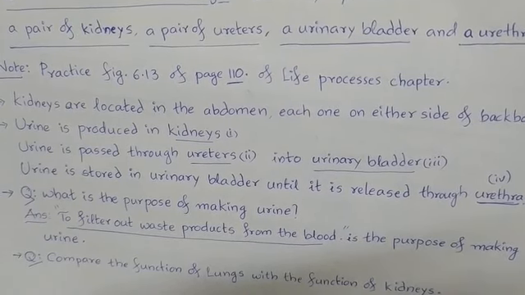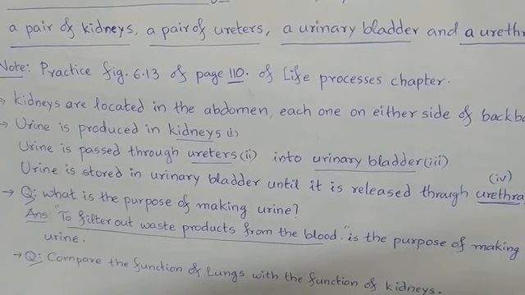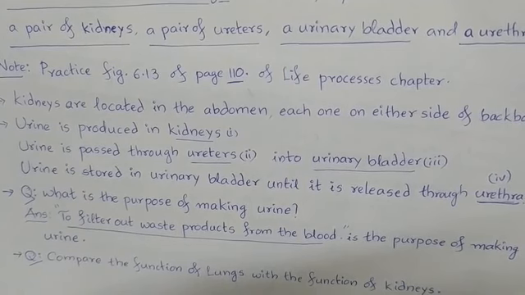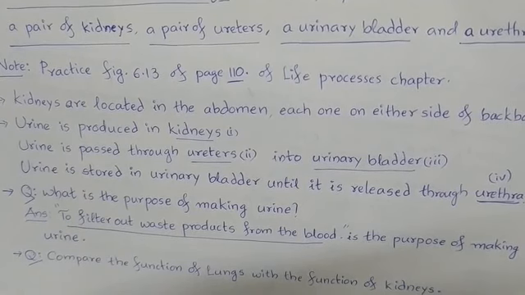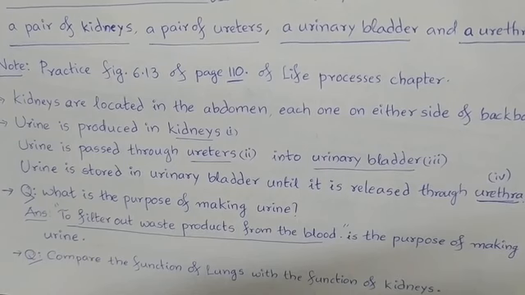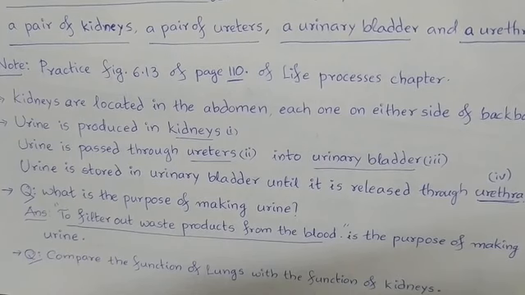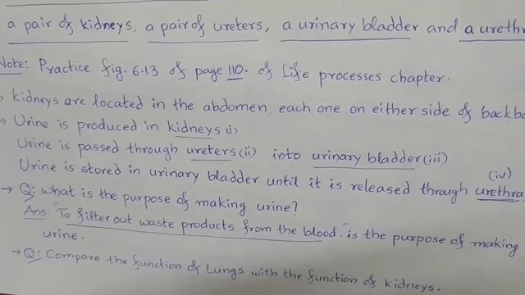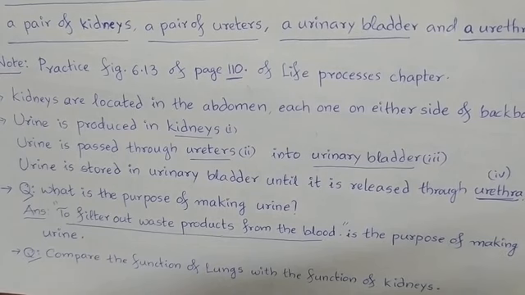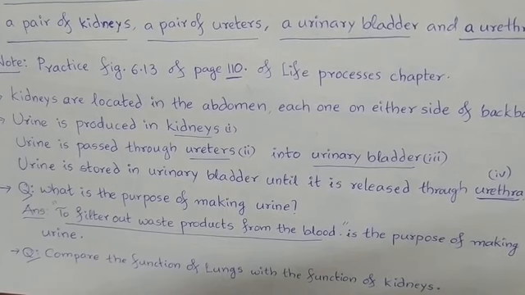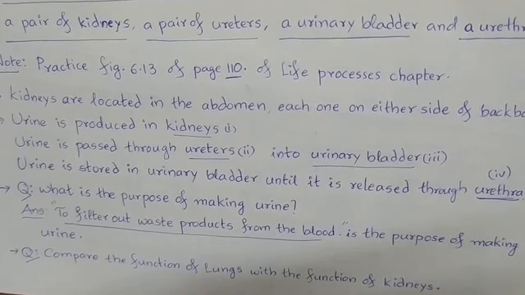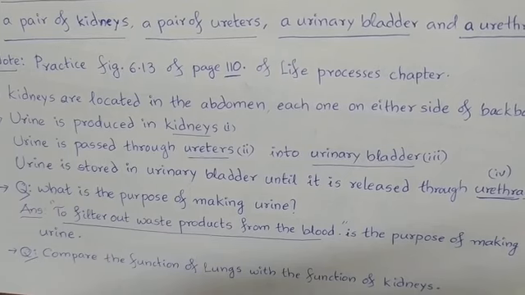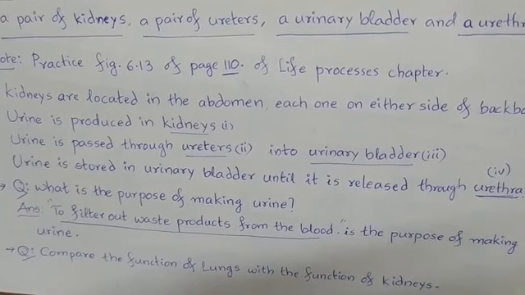These waste products that are generated by metabolic processes in the cells are collected by the blood. From the blood, these waste products have to be removed out or filtered out. So the purpose of making urine is filtering out the waste products from the blood.